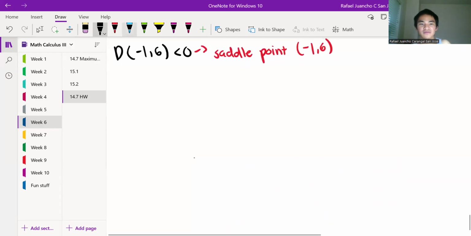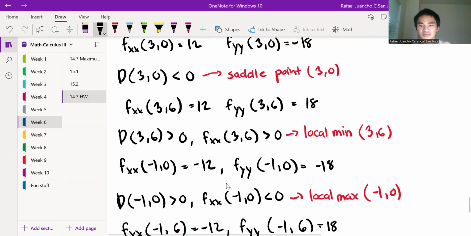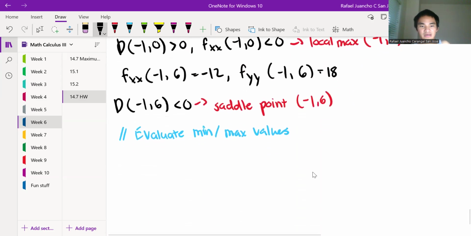Okay, now we evaluate all of the min and max values, right? So what is this? If we evaluate all of them, we get to see that for my local max, my F is actually just negative 135.